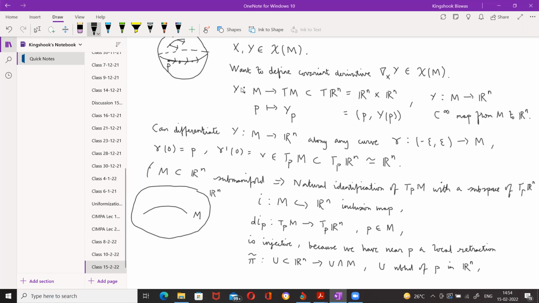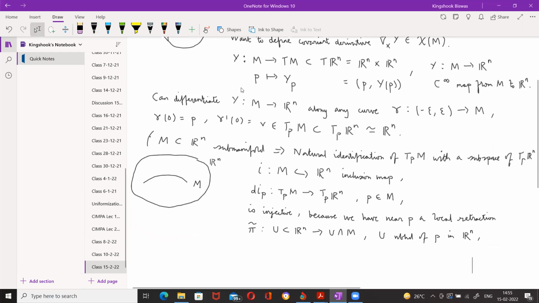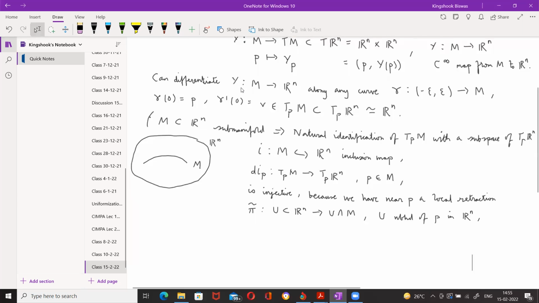We have a retraction such that pi tilde composed with the inclusion is equal to the identity of M.